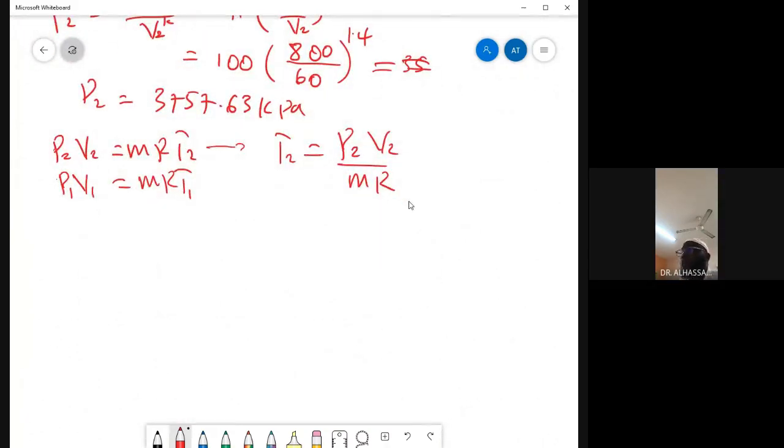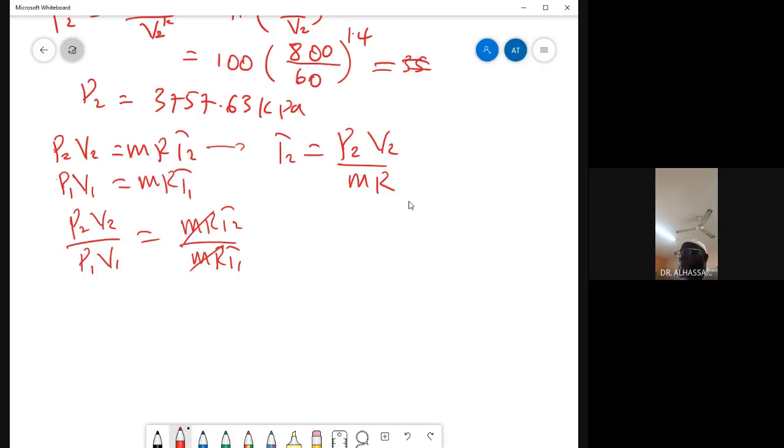So we have to combine the two equations by dividing: P2 V2 divided by P1 V1 equals M R T2 divided by M R T1. Here the M R terms cancel out.